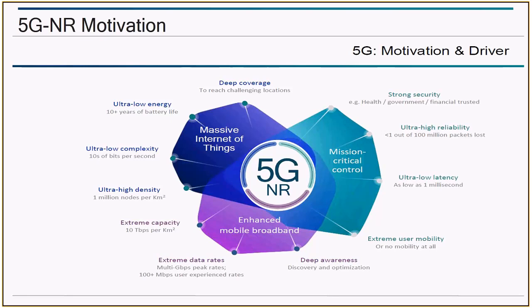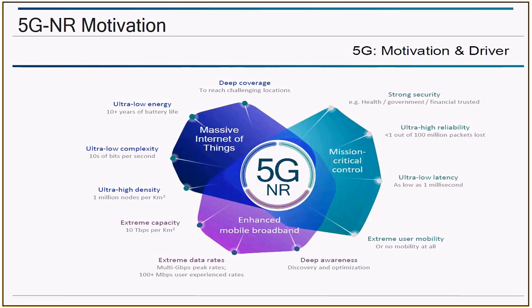Apart from that, 5G is structured in a manner where it can serve different purposes. It can serve the purpose of mobile broadband, it can help CIoT devices, it can help mission critical devices, everything almost with the same radio frame structure.